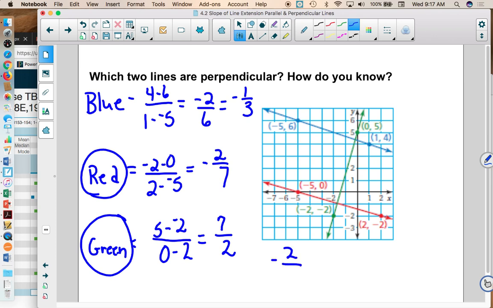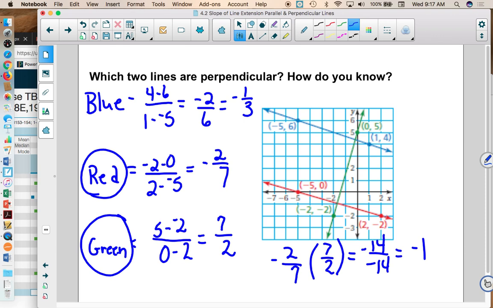You just divide those, and that would be -1. If it's -1, they're perpendicular. Very good. If you multiply the slopes of the two lines together and you get -1, they are perpendicular lines. You can check your work that way.